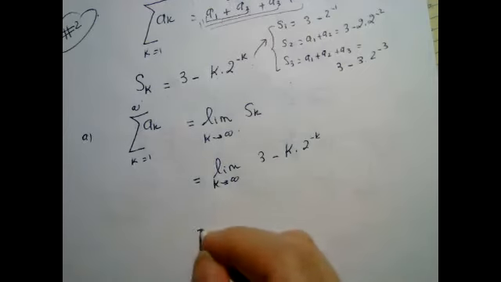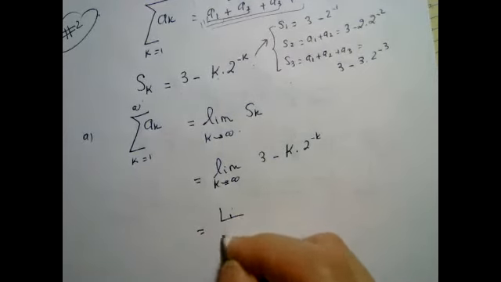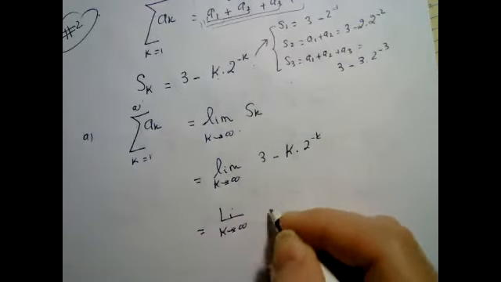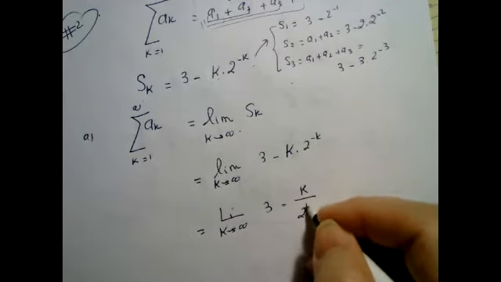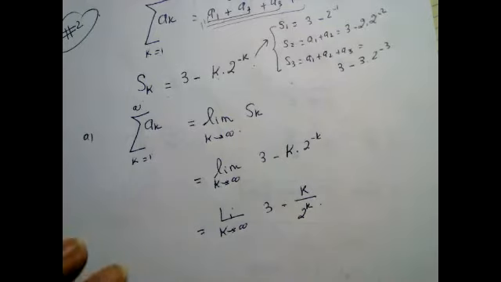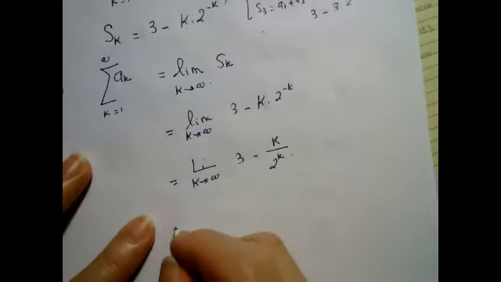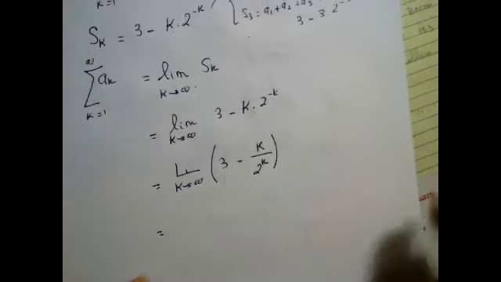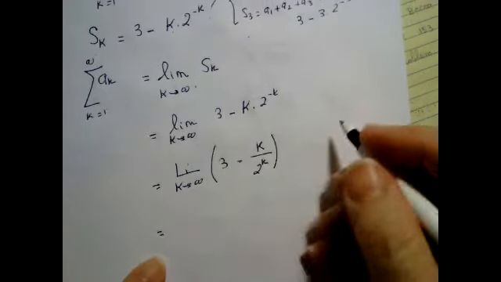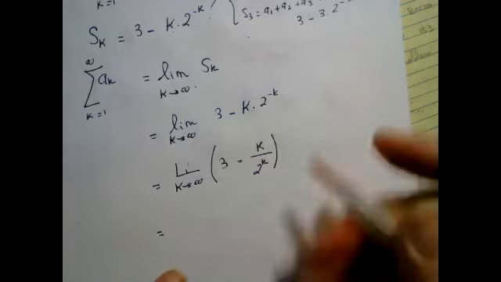Now again, this is like the limit I did a minute ago, in the following sense. This is going to become k over 2 to the k. Now what happens as k goes to infinity? 3 is 3. K over 2 to the k, what's the limit of that?